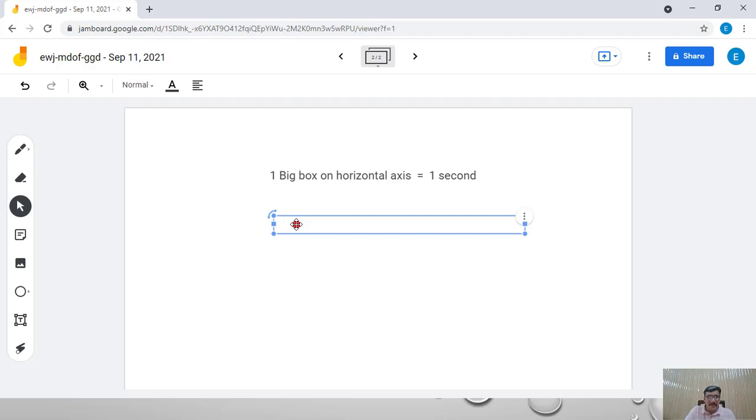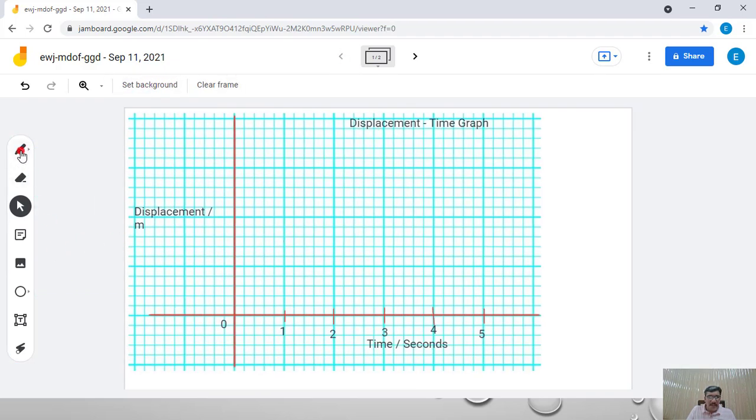So I will say two small boxes on vertical axis is equal to 10 meter. Now let's see, I mark the points there.